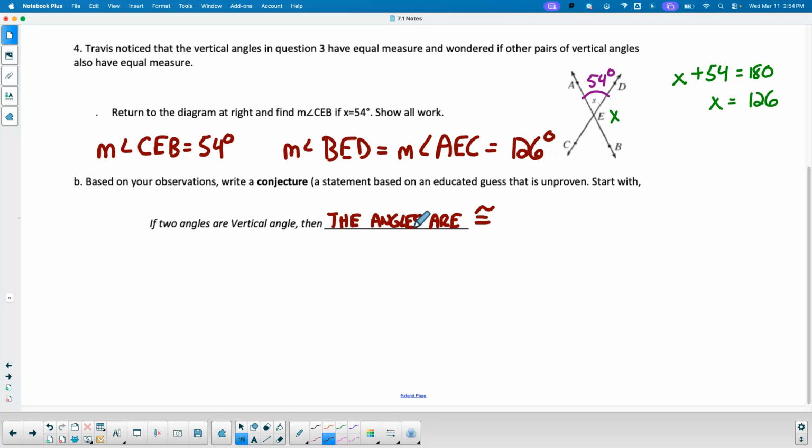The P word. Not parallel. Perpendicular. Yep, perpendicular lines would be 90 degrees, and so then the vertical angles would all be 90. Kind of almost how I have it drawn over there on the sideboard. Okay?